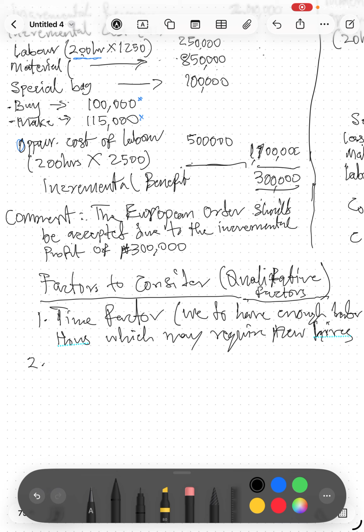Two, another factor we can consider here is the fact that accepting the order will help us build goodwill for subsequent contracts.